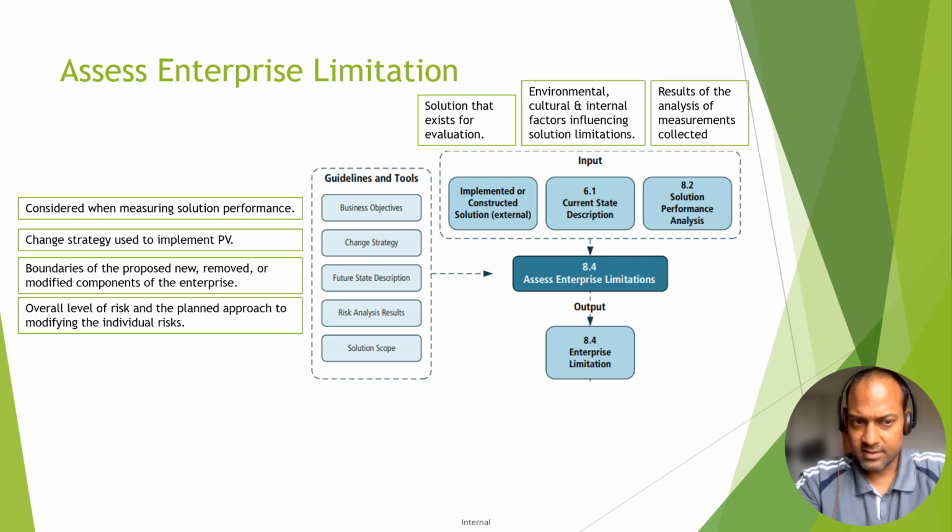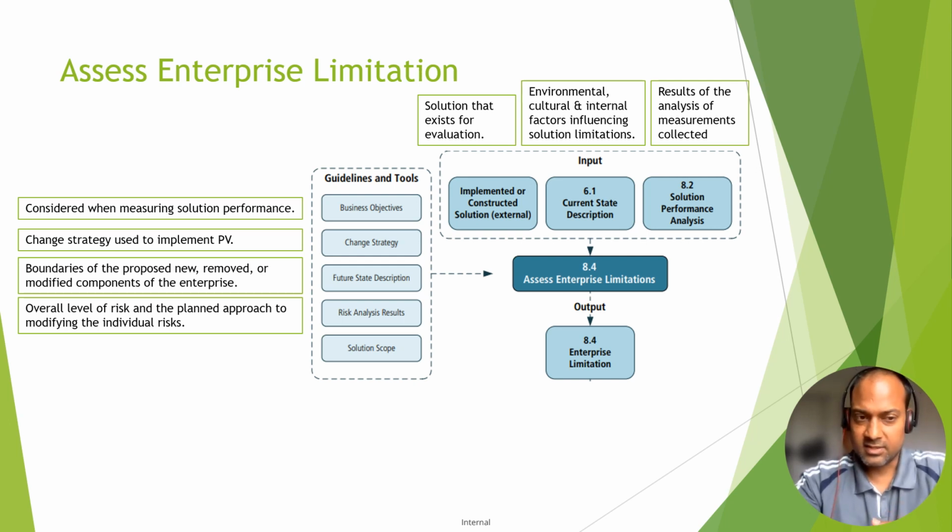The risk analysis results: the overall level of risk and the planned approach to modify the individual risks. Because when we are talking about something limiting the full realization of the value, this means that could be a problem, right? That could act as a risk in the near future.